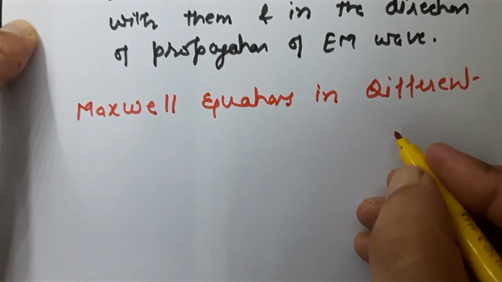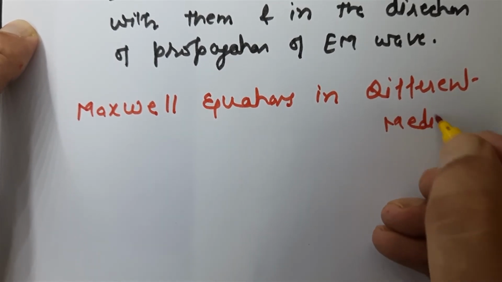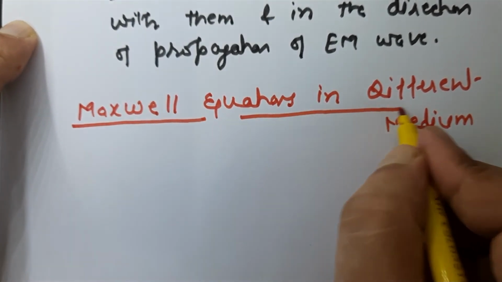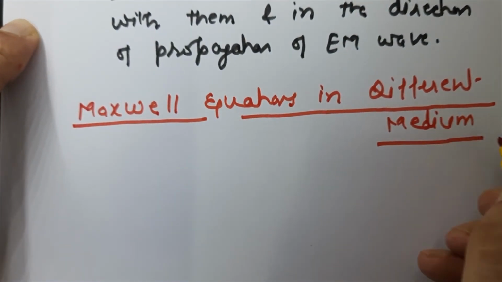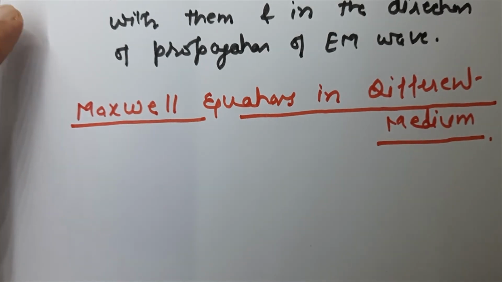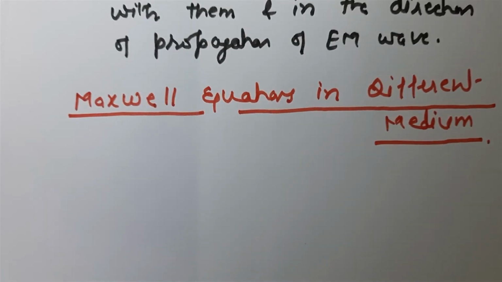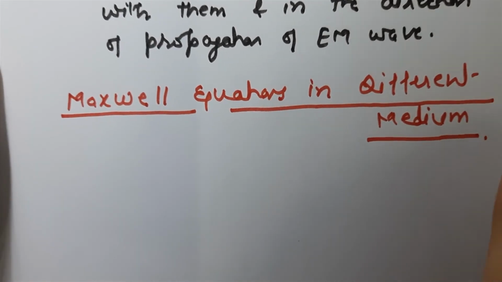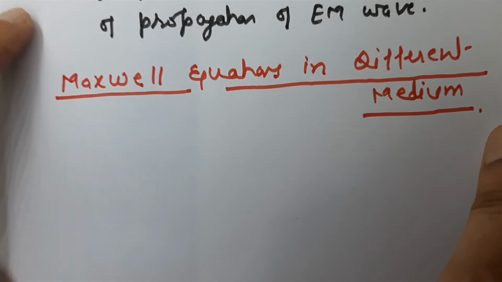We are going to consider 3 different media, and we will see how these Maxwell equations are modified in the 3 different media. The first medium that we are going to take is free space. Although we have already discussed the Maxwell equations in free space in the previous class, yet for completeness we will take them today as well.